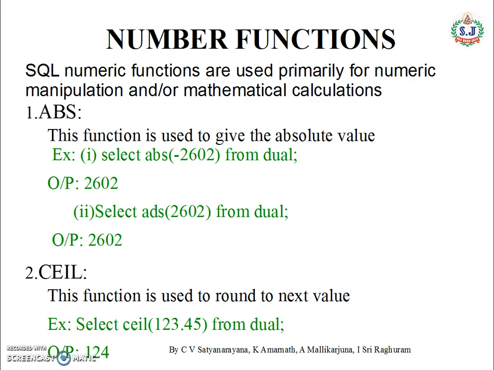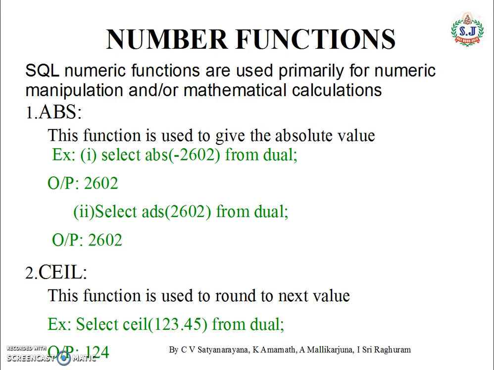The absolute function returns the positive value of a particular number, whether it is a negative number or a positive number. So in this example, 2602 is a negative number. When we apply this number to an absolute function in the form of a query, it returns the positive value as shown here. In the same way, even if it is a positive number, the result that will be returned.